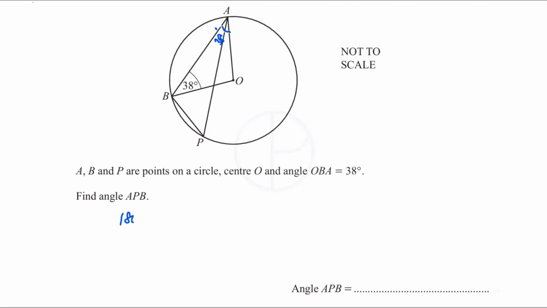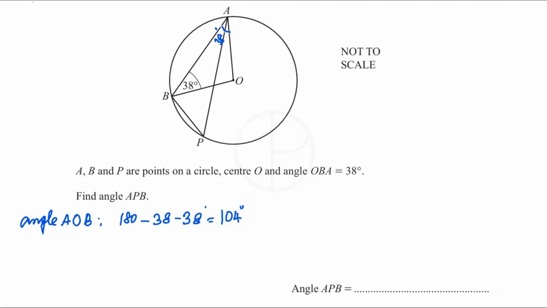180 minus 38 minus 38, which is nothing but 180 minus 76, which is 104. So this angle AOB is 104.